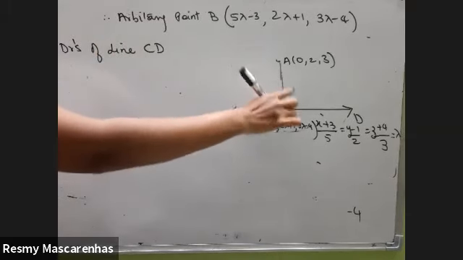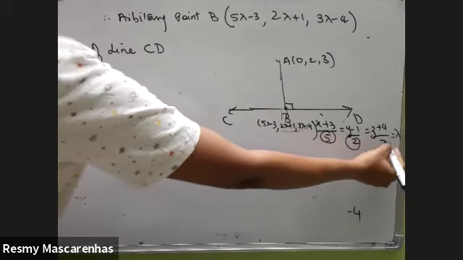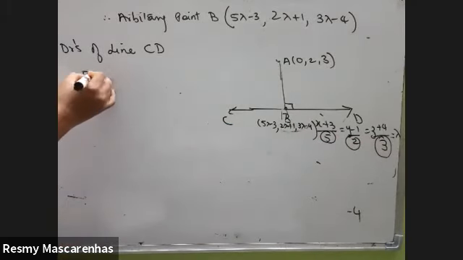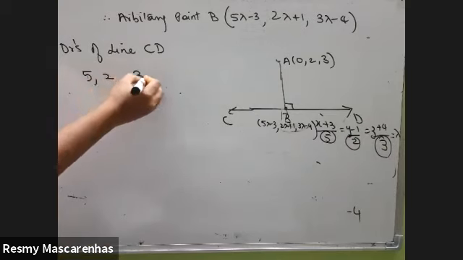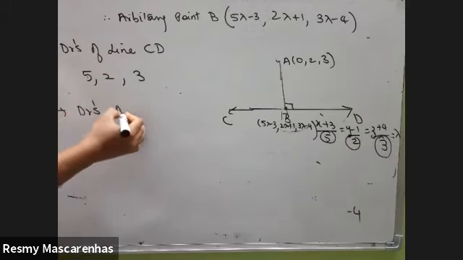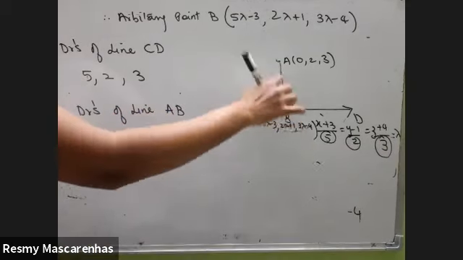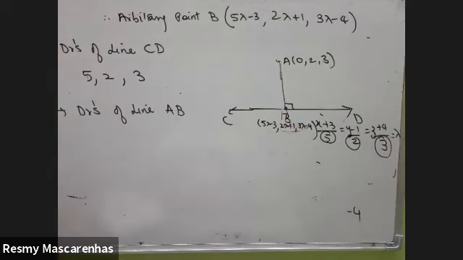Both the lines' direction ratios I need. So CD's line will be 5, 2, 3. Same way I have to find the direction ratios of line AB because they are perpendicular. So I have to multiply both the direction ratios.